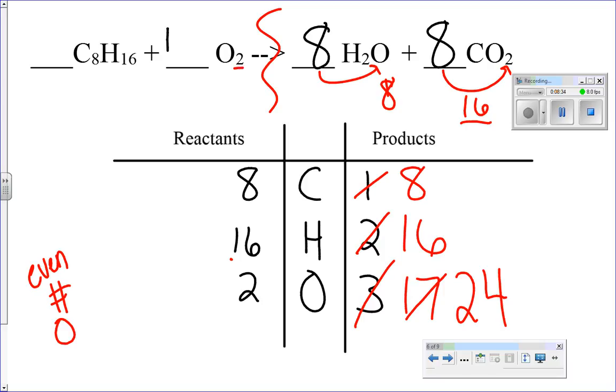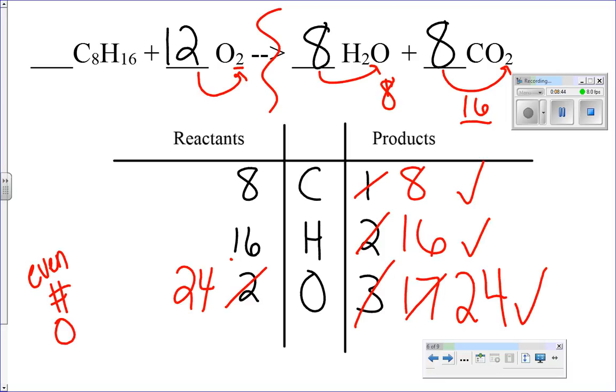By putting a 12 in this blank, 12 times 2 gives me my 24 oxygens. It's my 8s, my 16s, my 24s. I'm good. I have a ratio of 1 to 12 to 8 to 8. I'm balanced. I'm in a lowest whole number ratio. Things are looking good.